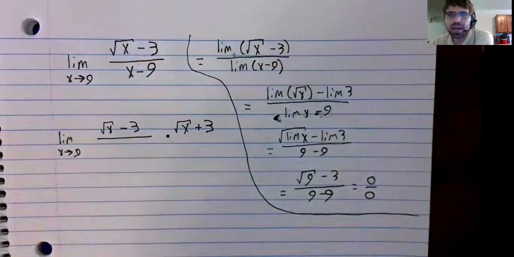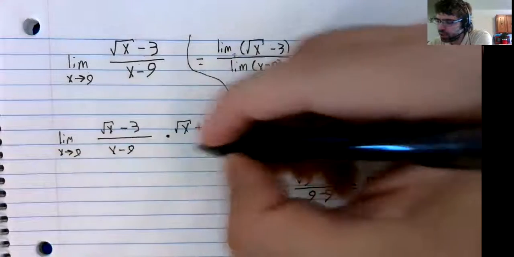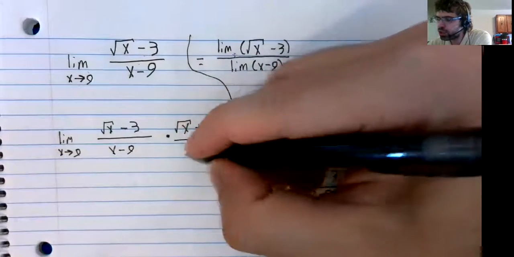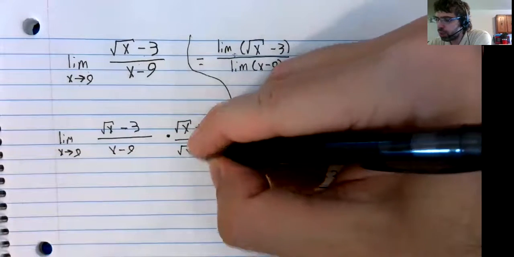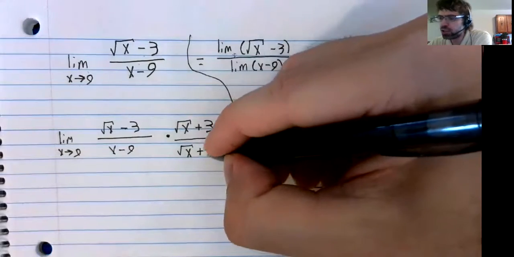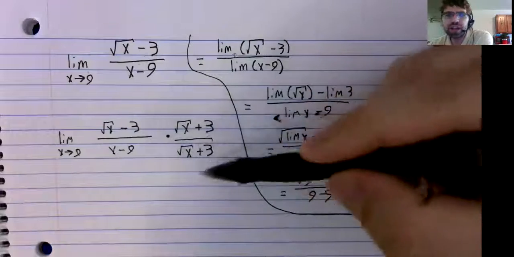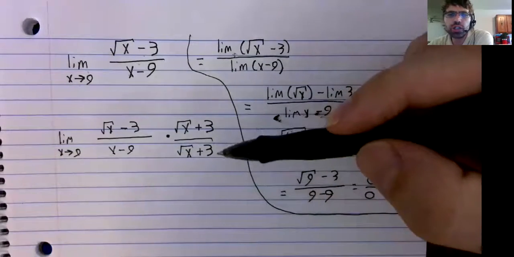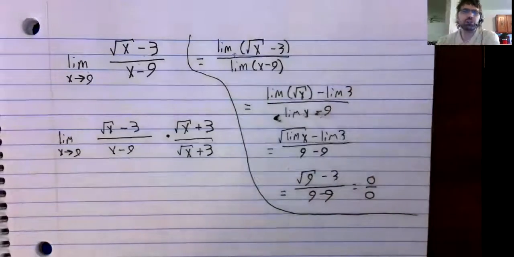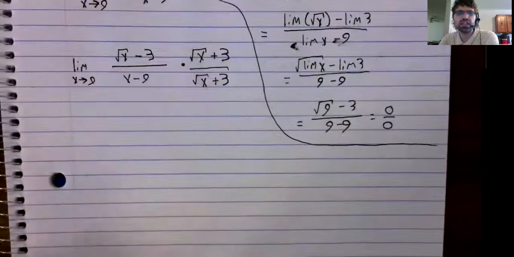So we multiply by the conjugate of that thing. And because we don't actually want to change the fraction, we're actually just multiplying by 1. We're certainly allowed to do that. We've just written 1 in a kind of funny way.